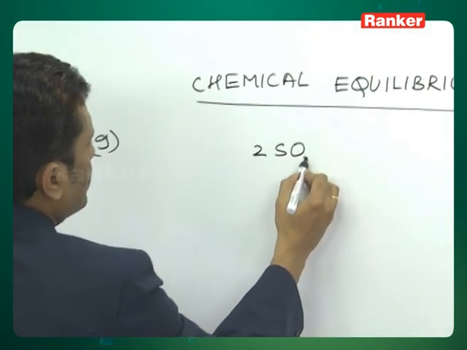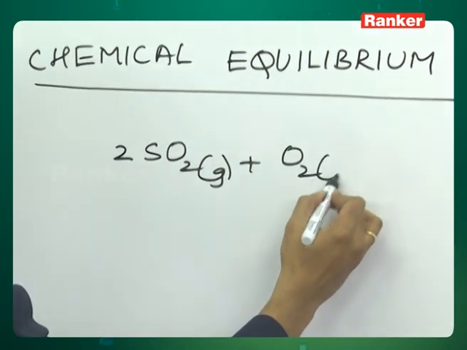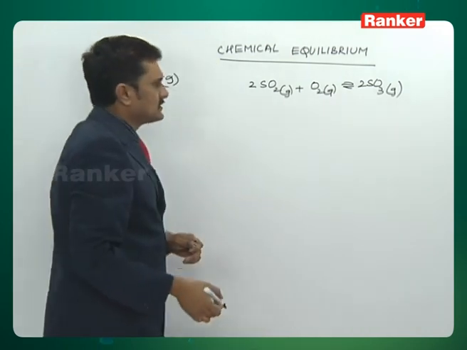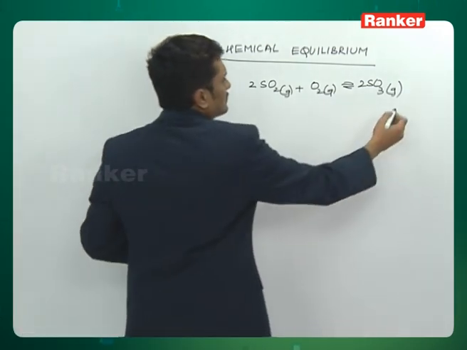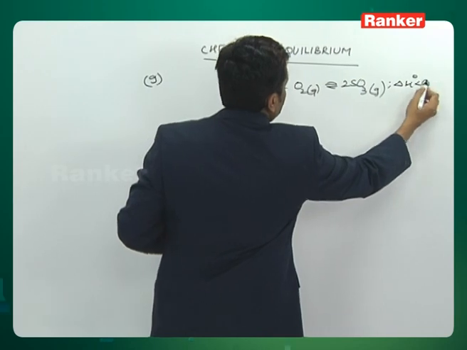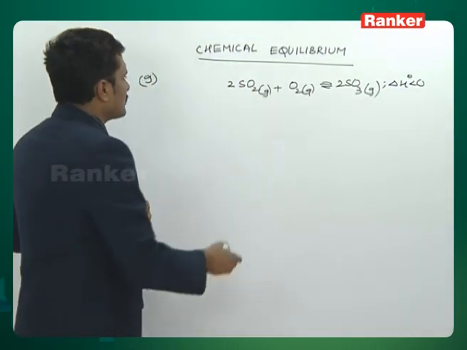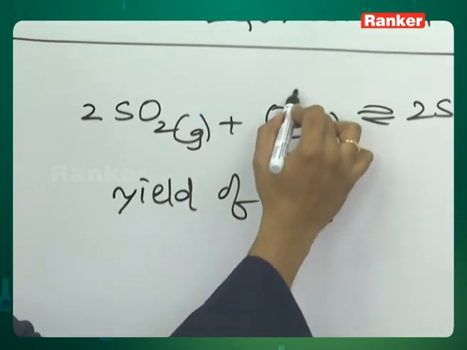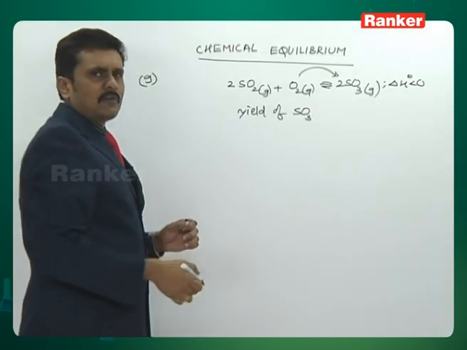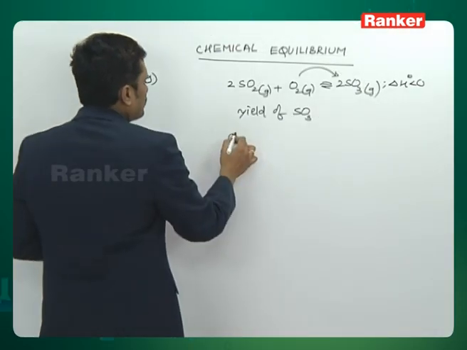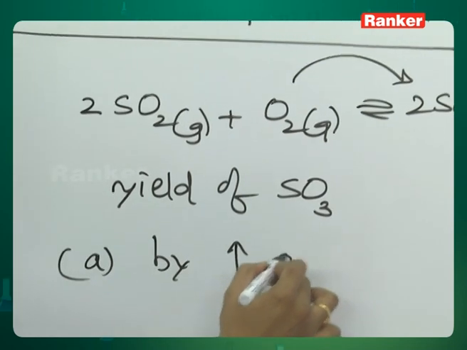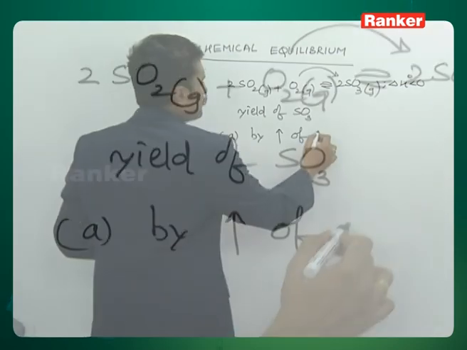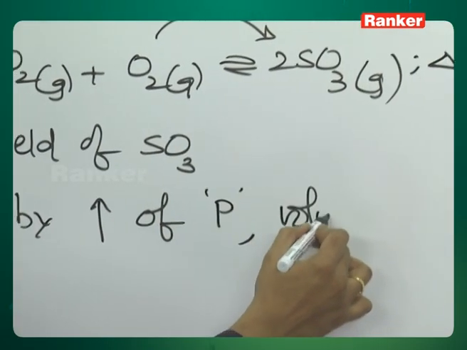So, when I am oxidizing the SO2 gas using O2 gas to give you SO3 gas, one can see here that this is an association reaction and an exothermic reaction. Therefore, the question is to increase the yield of SO3, that means the product content is increased by shifting this equilibrium in the forward direction. When I increase pressure, the volume is decreased.